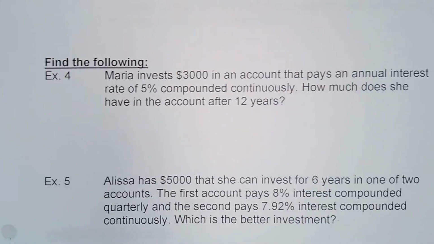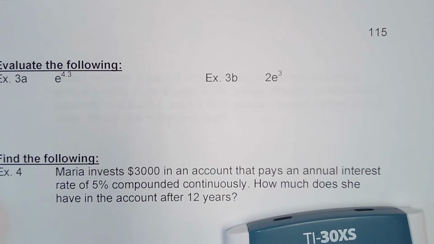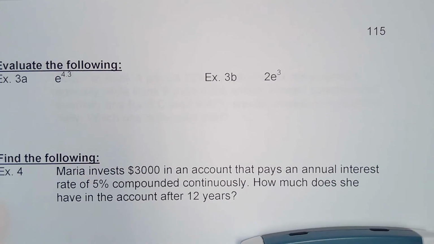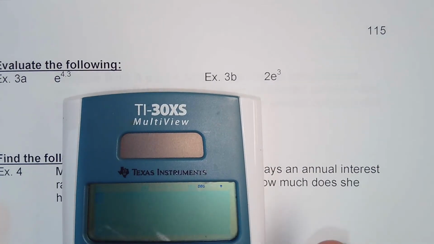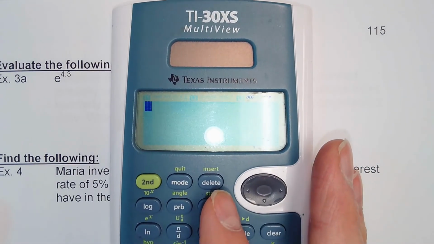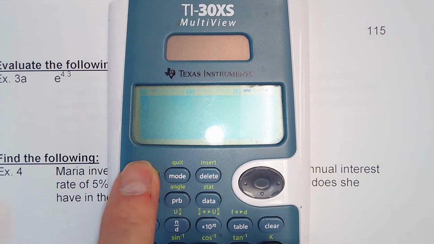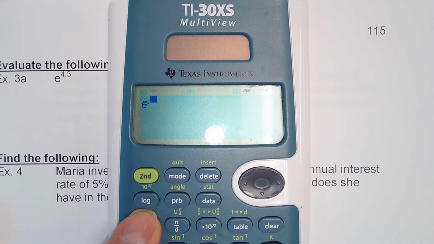So if I look at our workbook on page 115, if I need to enter e to the 4.3, we hit our second key and then the ln key. And notice it gives me e, and it's already shifted my cursor up to the exponent.